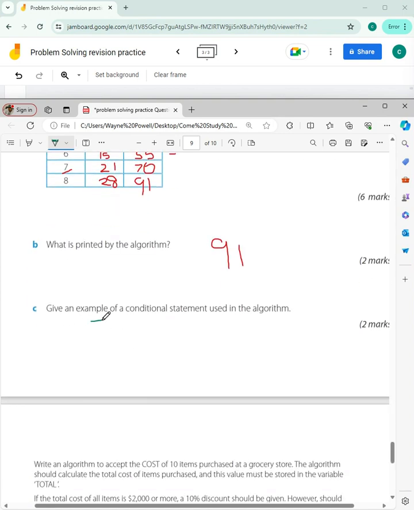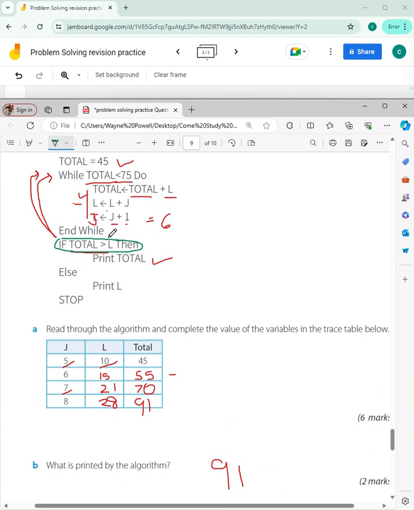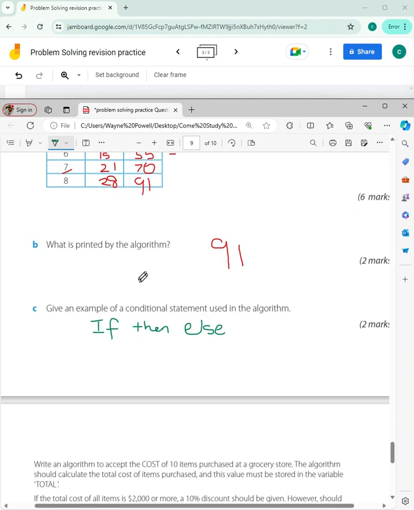And we can write out the entire statement for the answer, which would be this. Everything here would be the conditional statement.